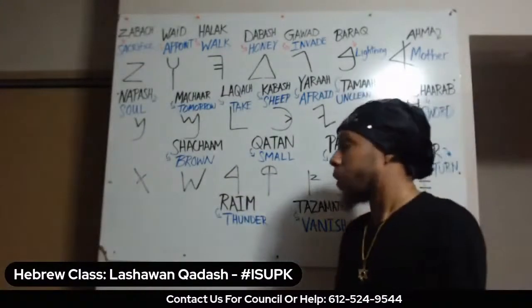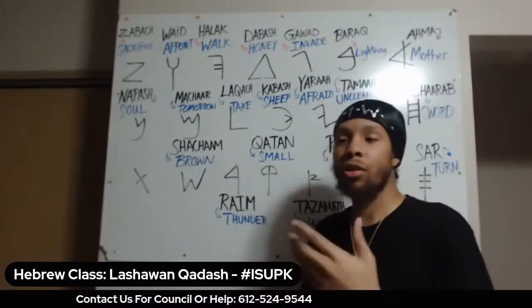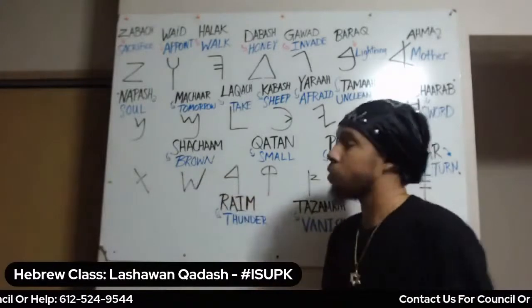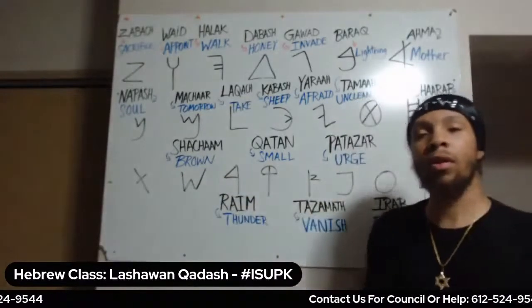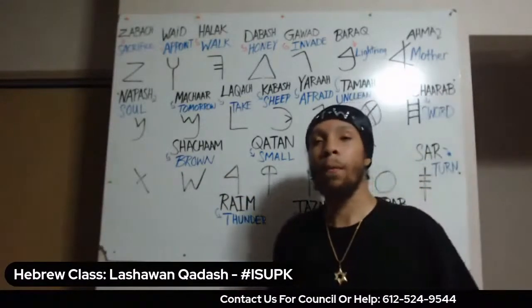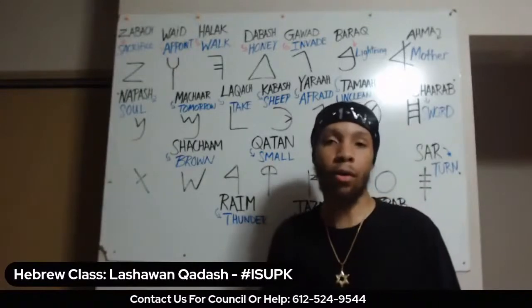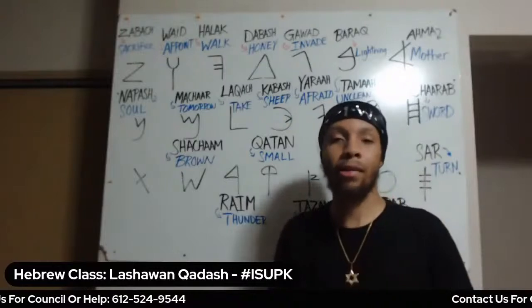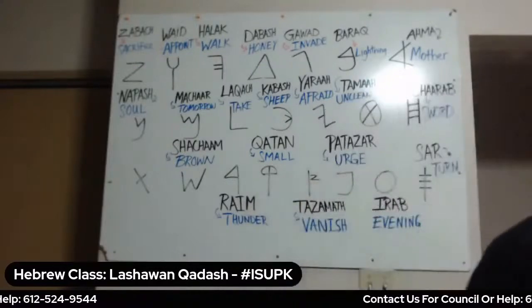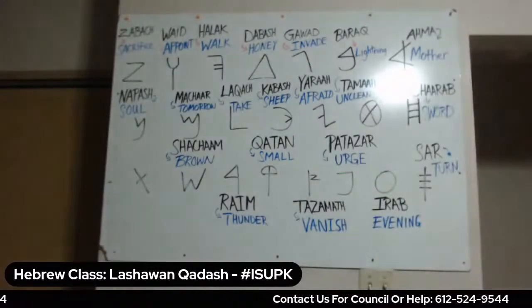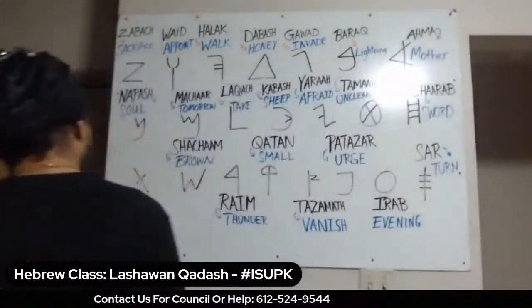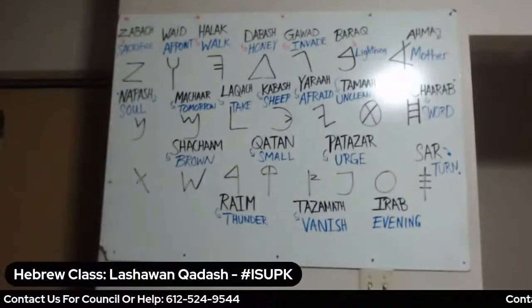So think of black and brown, or words like brown, black, blue, things of that sort. When you see those words in the Bible, it's not just talking about colors at all. It could be, but you have to look at everything with context. All right, let's get it. So, Shechem, which means brown.